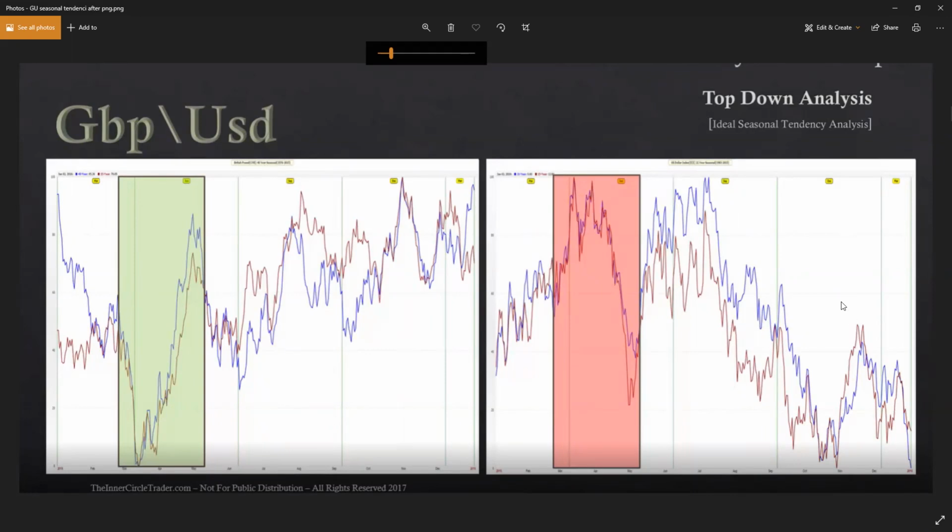Now that's a strong indication for you that the pound US dollar is going to go long on that one. And obviously, couple that with your technical analysis, and that is going to give you a strong direction for months where you can actually find a low.